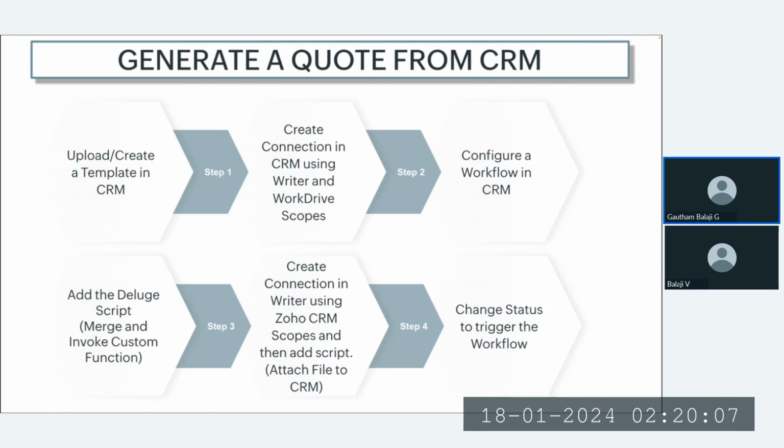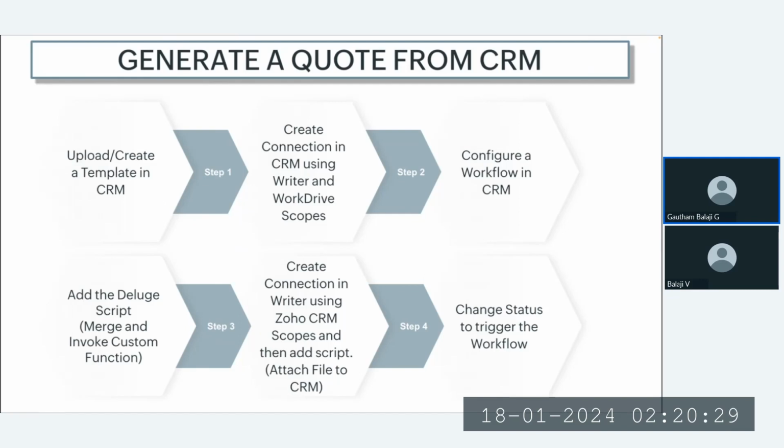Each time the status of the particular record is changed, I would have to trigger a workflow where the document will be merged, and then the merged document will be attached back to the same record, so that I can use it later. Later, I can send the quote to my clients or prospects for them to approve.